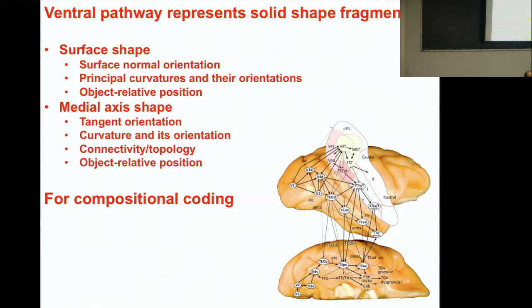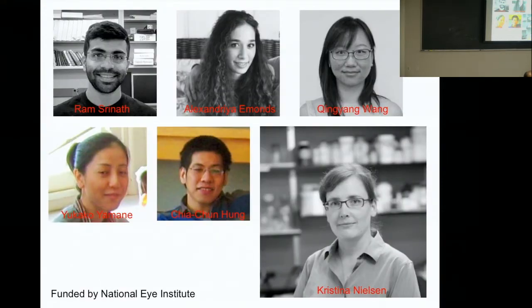This is my conclusion slide again, and these are the people who did the work. The person who spearheaded both the neurophysiology in V4 and the two-photon work in V4 is Ramanujan Srinath. Alexandria produced the Blender-based images of refractive and reflective shapes.